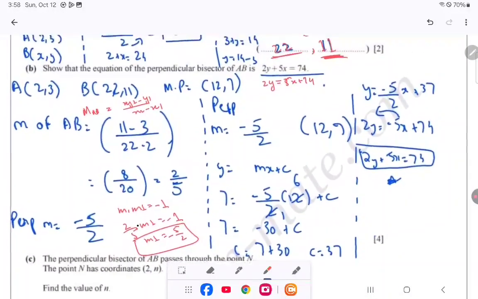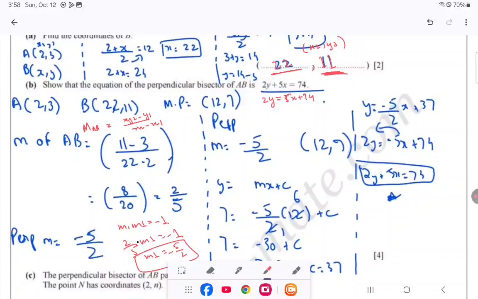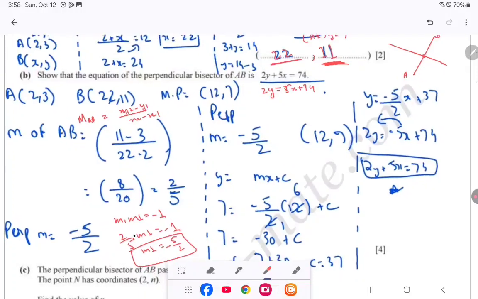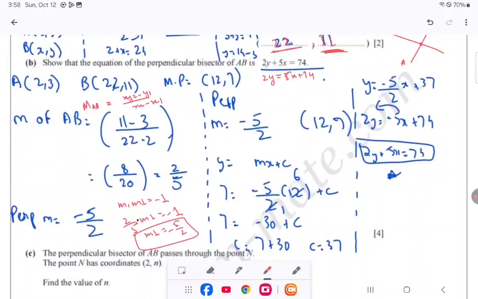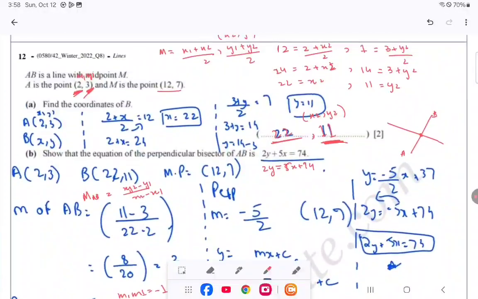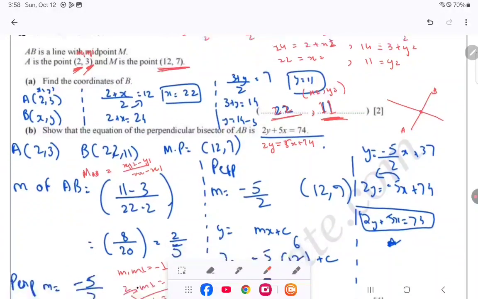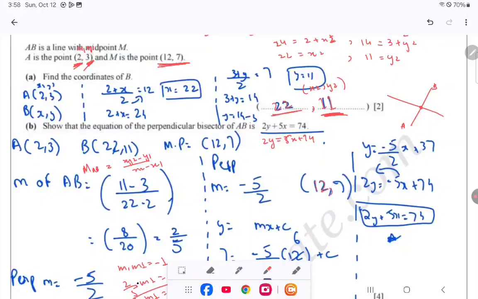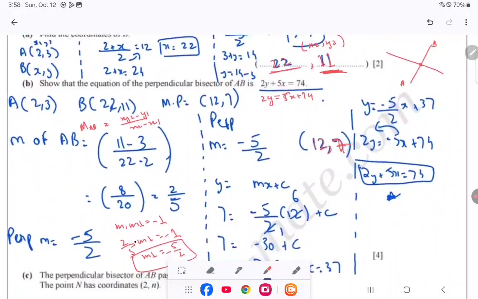In order to calculate c, since we are calculating the bisector of AB, suppose this is our AB and a line of bisector which we are calculating. So the midpoint of AB is also the midpoint we use to get our equation. The midpoint is (12, 7).